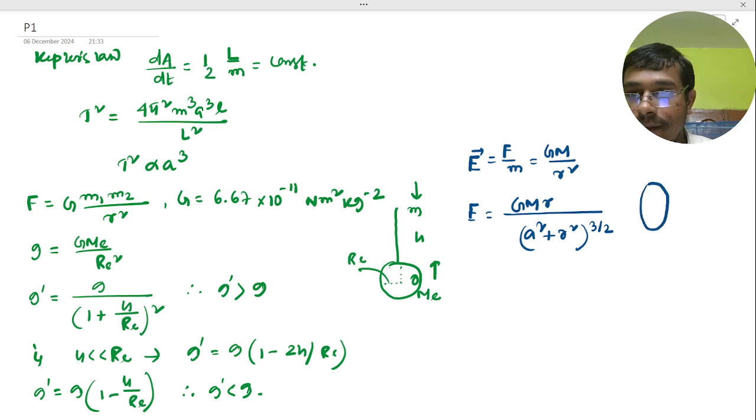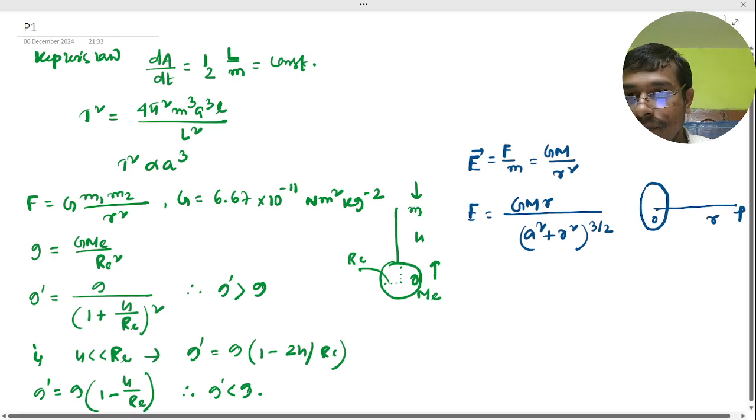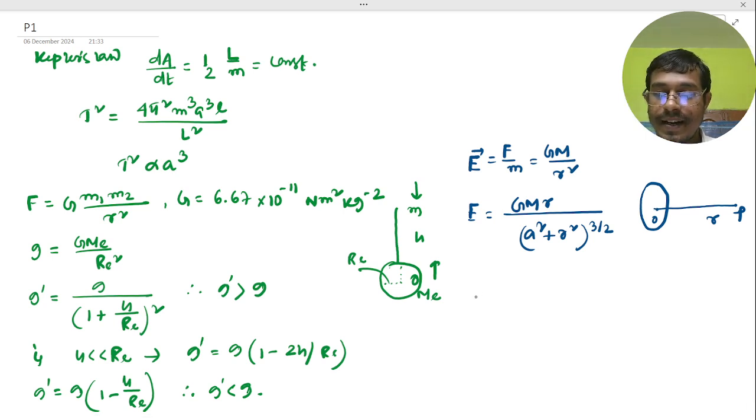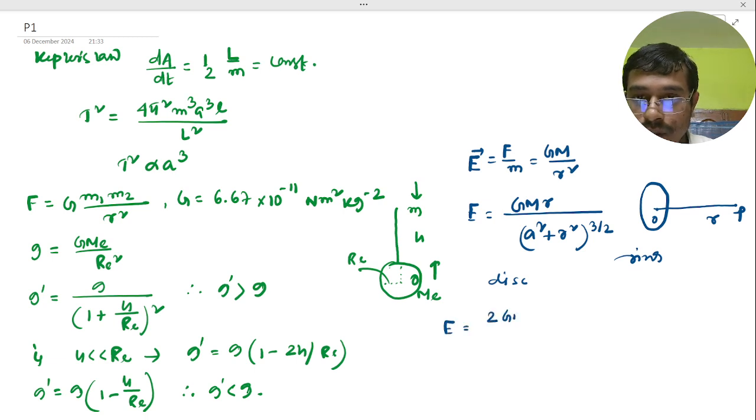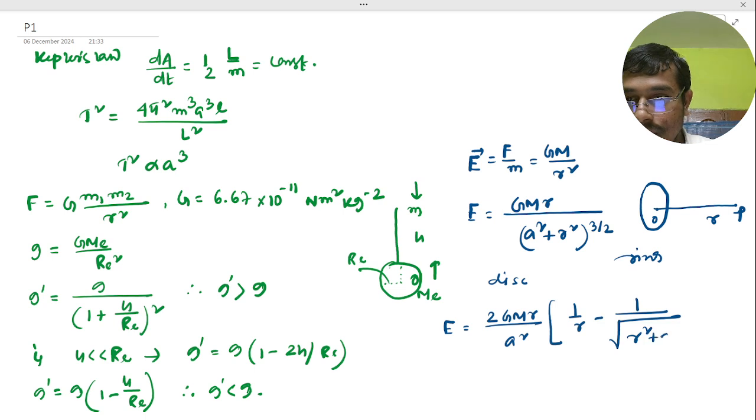This is a ring and the field at distance r. The third one is the field due to a uniform disk at a point on its axis. For the disk we have the result: gravitational field equals 2GM by a squared times (1 minus r by root over r squared plus a squared).